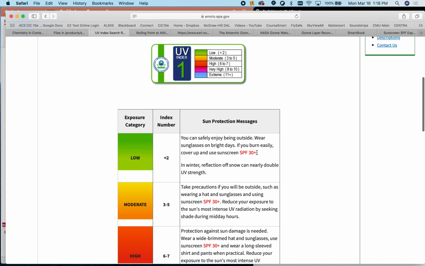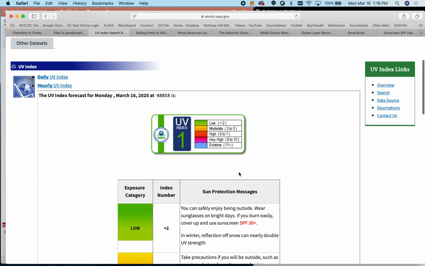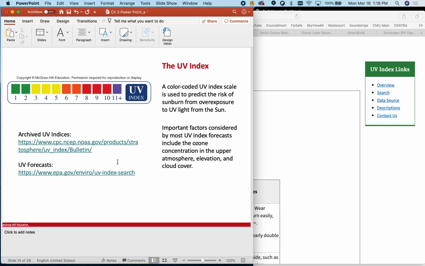They do say even today to put on SPF 30. I think it's more cautionary, and it's more important before you go out when it gets to these higher regions. But if you want to compare archived data, that's what this other link is. So for an activity for your students, for instance, let's look at today and then look at the UV index sometime in the summertime and compare.